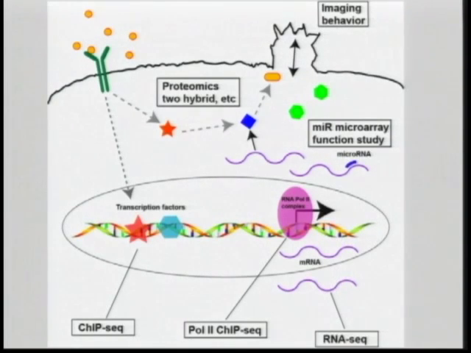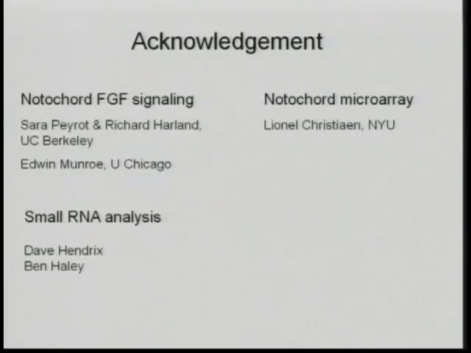And we can do that by proteomics or two-hybrid screening, etc. These protein-protein interactions will ultimately generate specific cell behaviors, and we can study that with live imaging and other microscopy techniques. And finally, we have this new group of regulators, microRNAs, which can feed into any of these processes. So this is basically what I have for today.